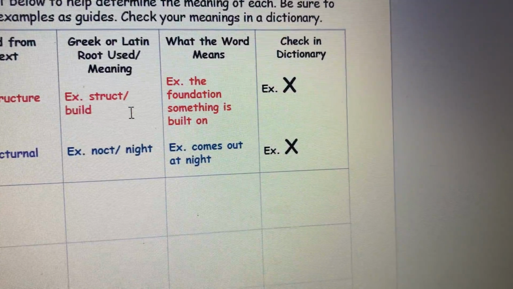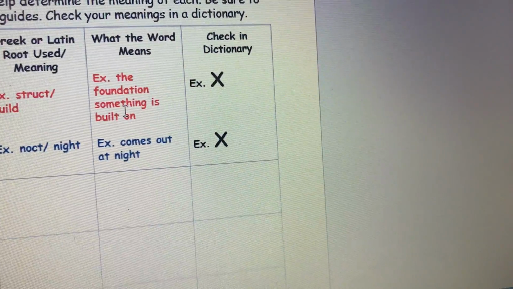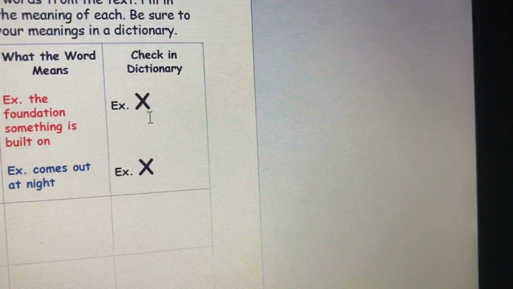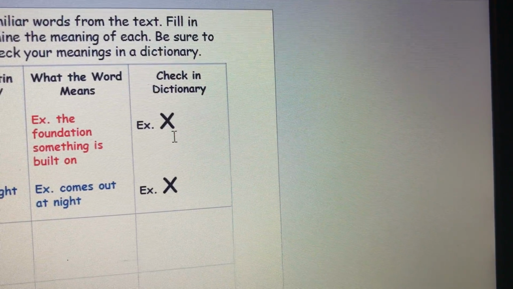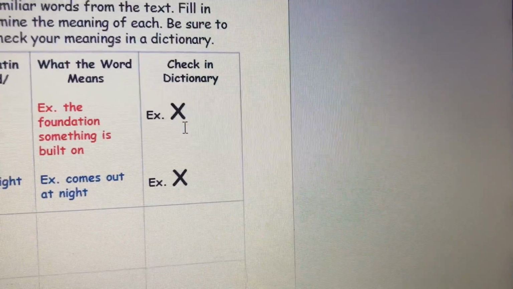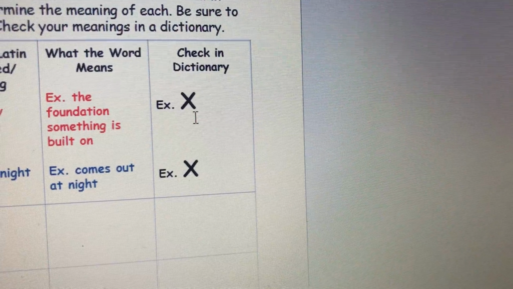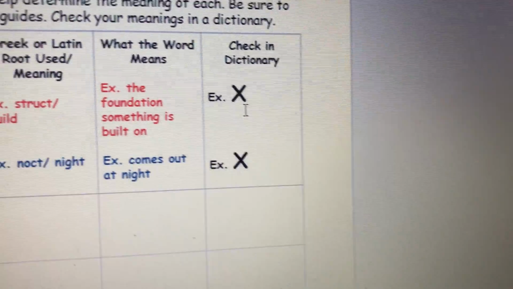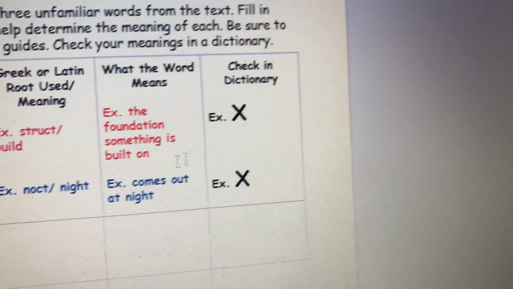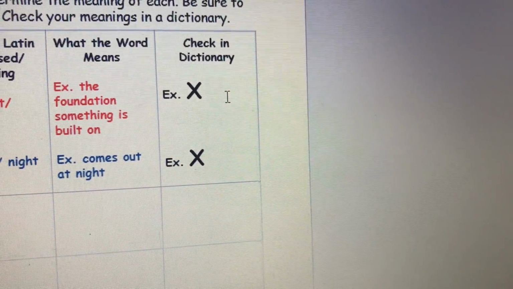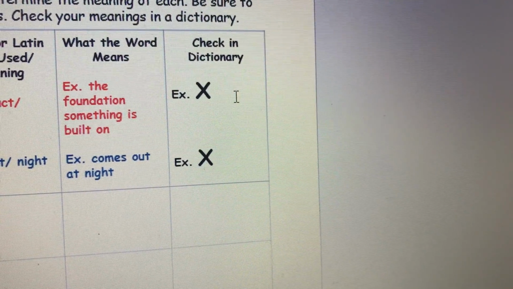Once these 3 steps have been completed, students will then grab a dictionary and check for the denotation of the word. So what they're basically doing is checking what they believe to be the meaning of that word with the actual definition for that word.